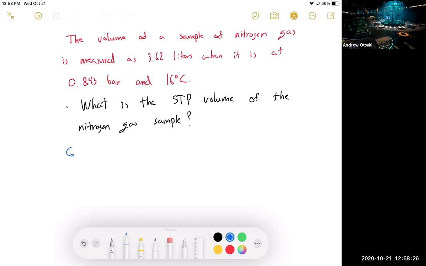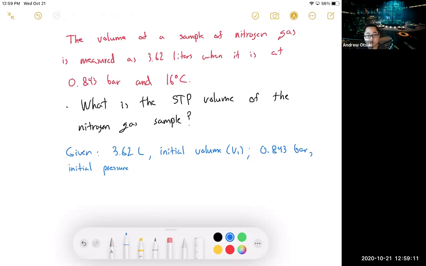So we're given 3.62 liters as my initial volume, 0.843 bar, so that is my initial pressure, P1.